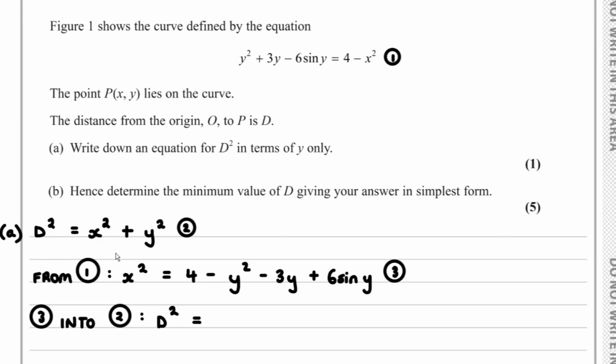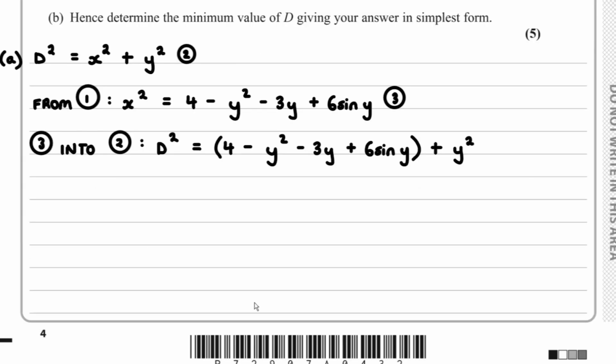So we have d squared equals, now for x squared we have 4 − y squared − 3y + 6 sin y, plus y squared. So we have d squared equals 4 − 3y + 6 sin y.